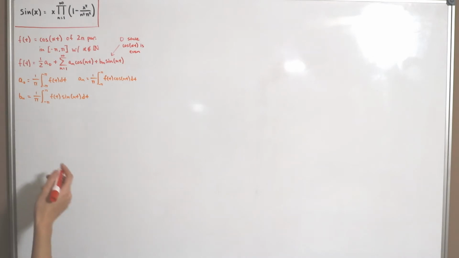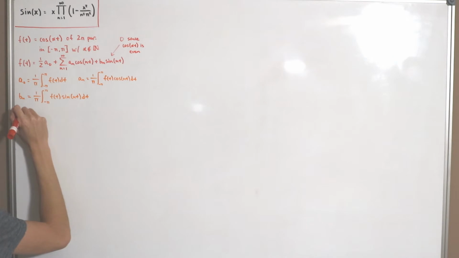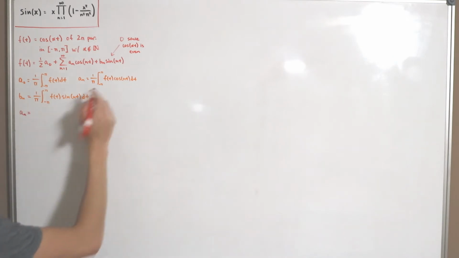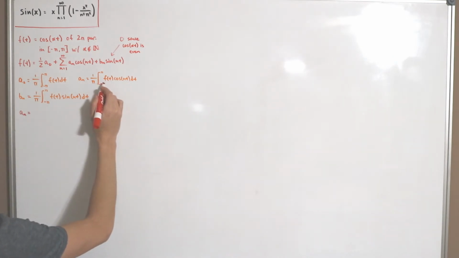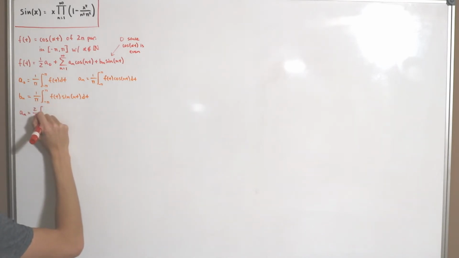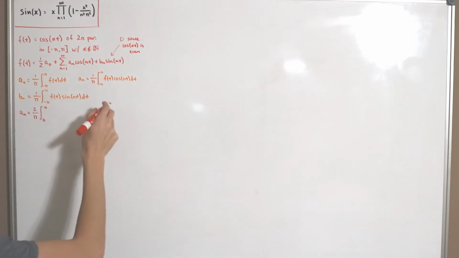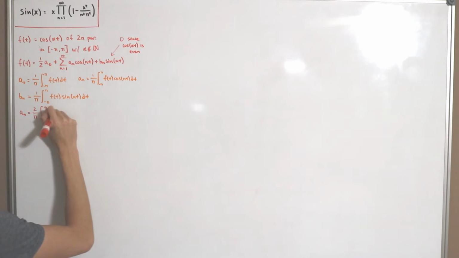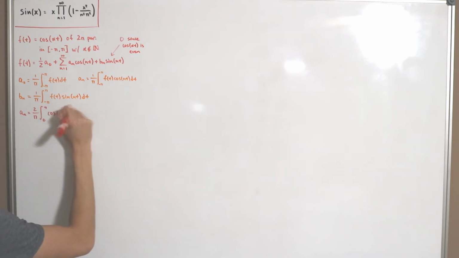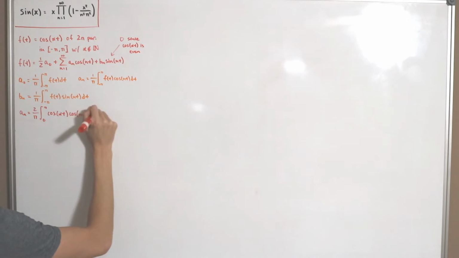Okay, so with that, let's evaluate our terms. Using the evenness, we can rewrite some integrals here. So let's start off with a sub n. Using the property that it's even, I can rewrite this as 2 divided by pi multiplied by the integral from 0 to pi of cosine of alpha t multiplied by cosine of n times t dt.